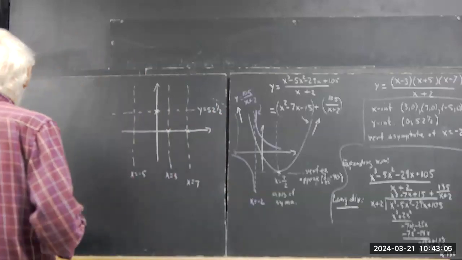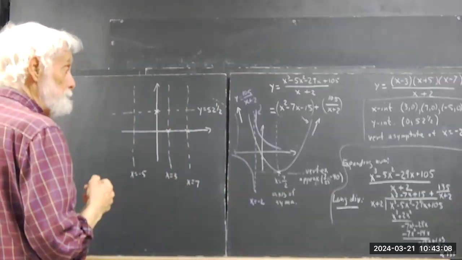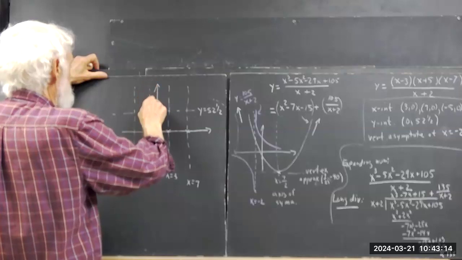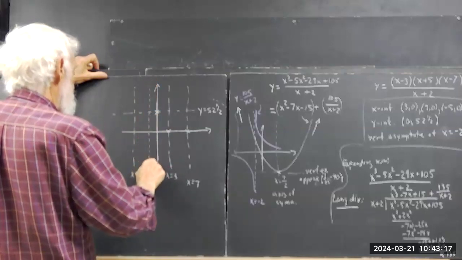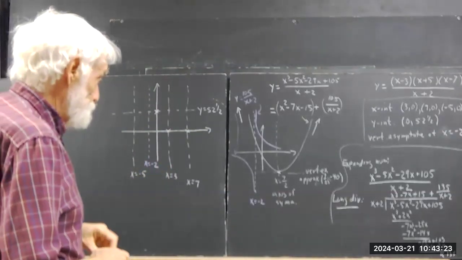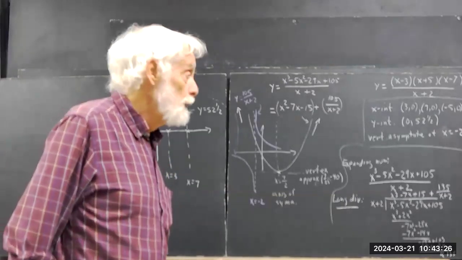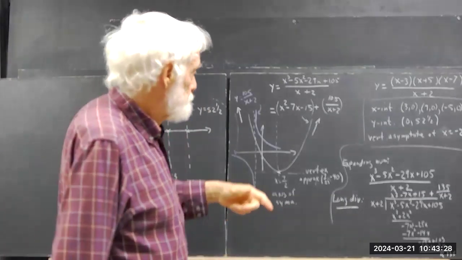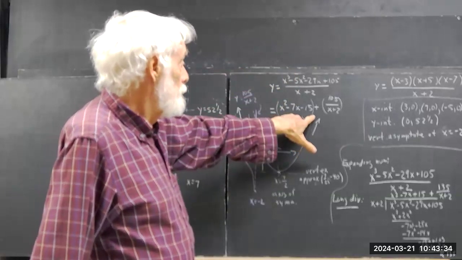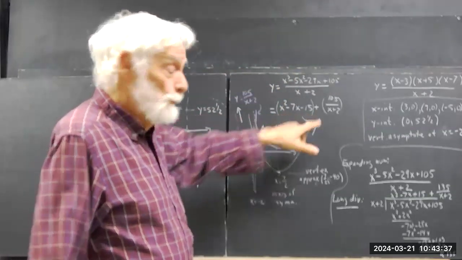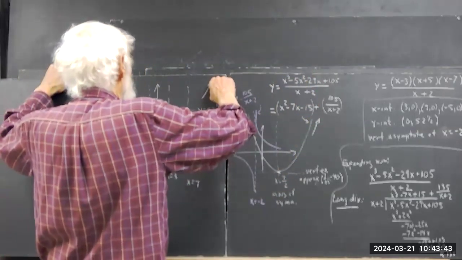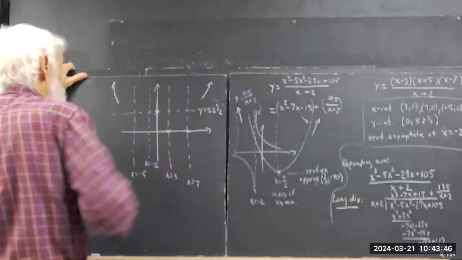That puts you here. And then the vertical asymptote at x equals -2. The long run behavior, when we divided the denominator into the numerator, we got a quadratic function, which goes up when you go to the right, goes up when you go to the left. So our long run behavior is up here, and it's up here.